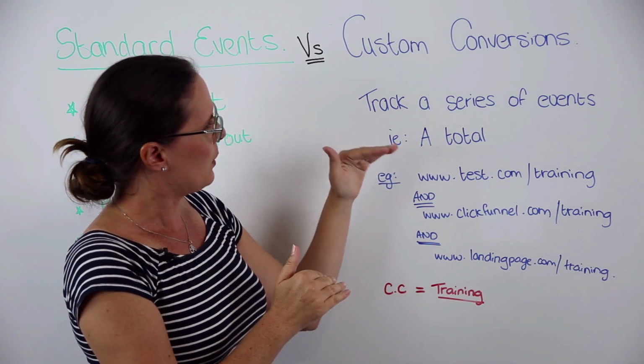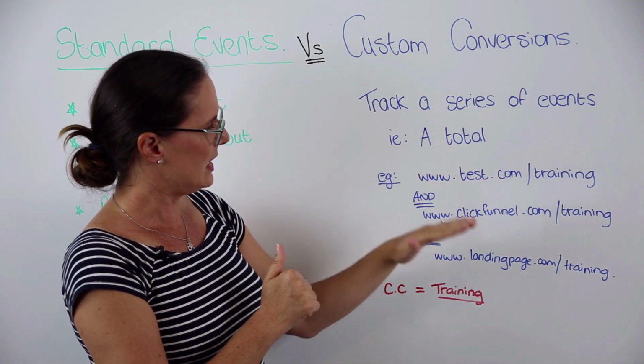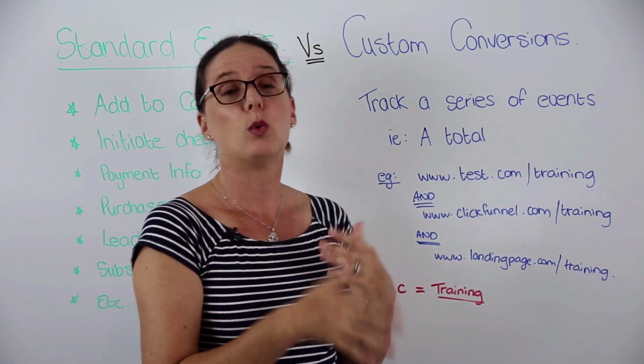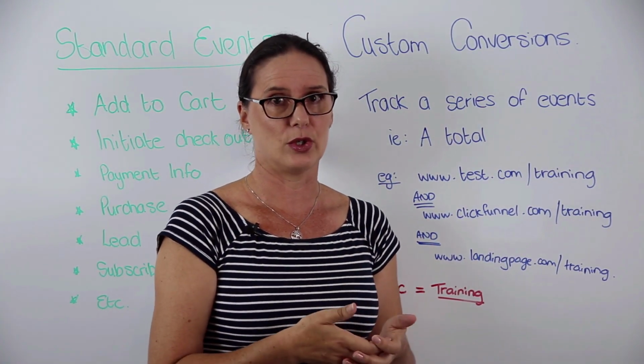So basically, I would have my test, my ClickFunnels, my landing page, and create a custom conversion through there. Now we'll talk you through how to create those custom conversions.